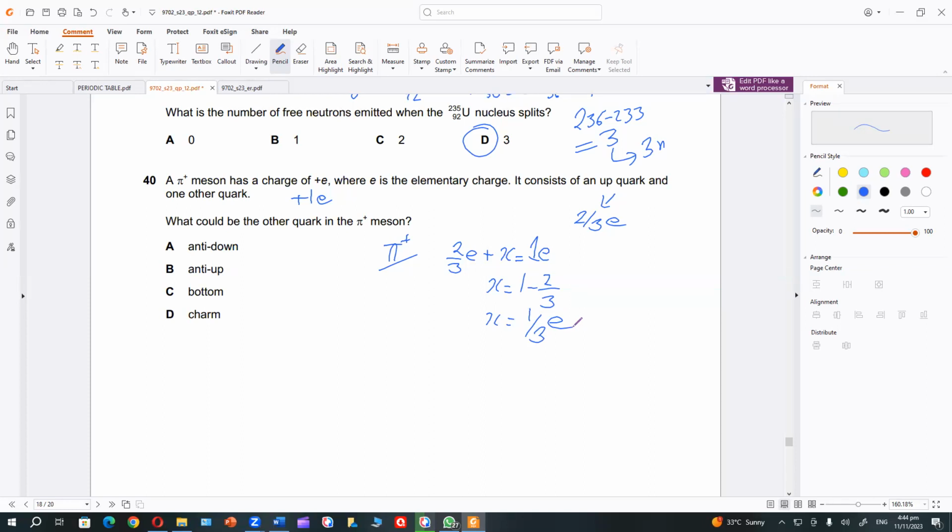Anti down, but anti would be minus. No, anti-down. So it would be plus 1 by 3.